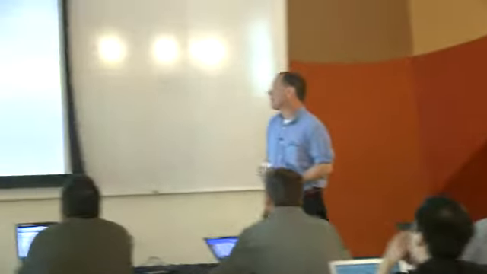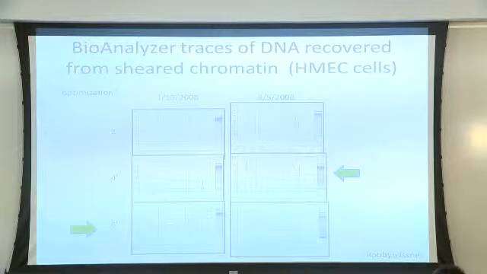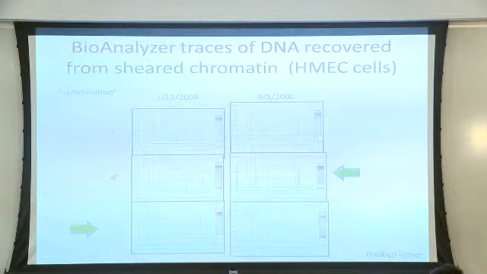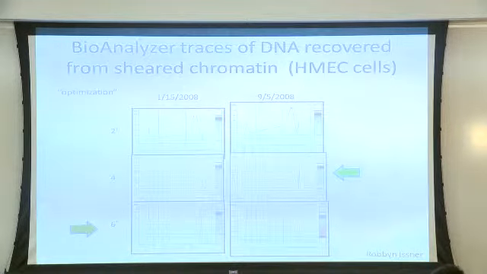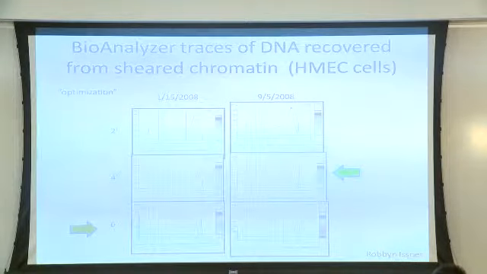This shows what the DNA looks like after it's been sonicated. The thing that gets sonicated is chromatin, and then we recover the DNA from the chromatin in order to analyze its molecular weight size distribution. These are traces on a machine called an Agilent Bioanalyzer, for anybody who might not be familiar with this.